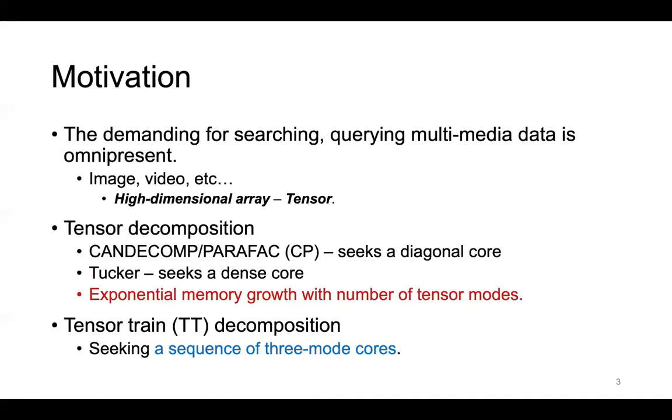Sometimes we call it the curse of dimensionality. To resolve this issue, the tensor train decomposition is proposed. Basically, tensor train decomposition will factorize the original input tensor into a sequence of 3-mode cores. And this sequence of 3-mode cores can be used to approximate the original input tensor.